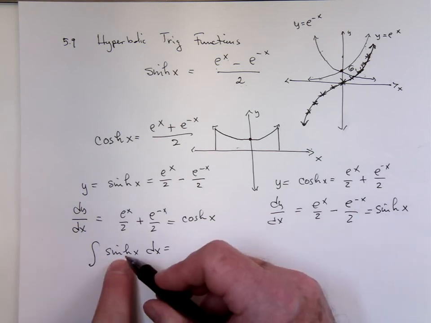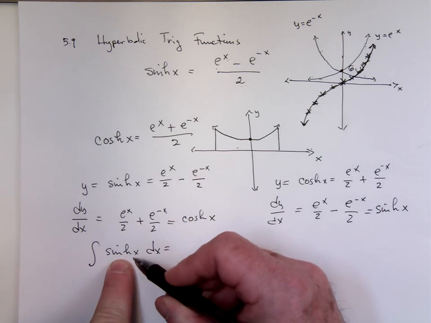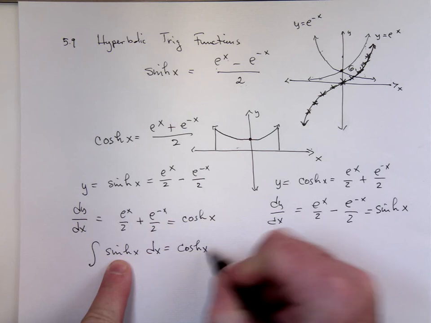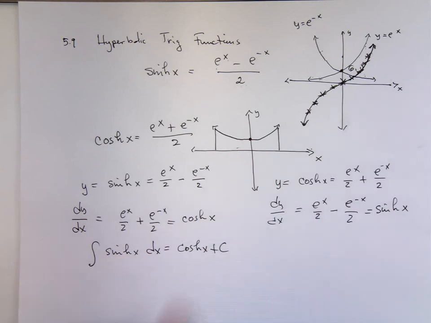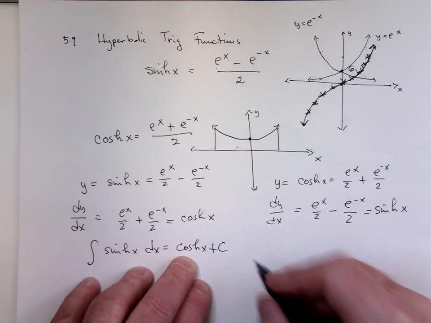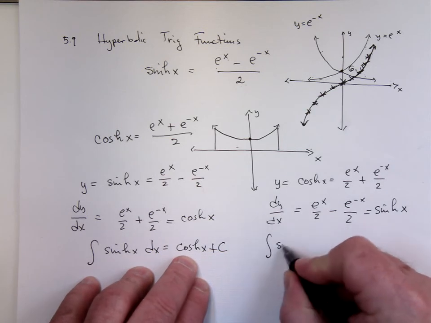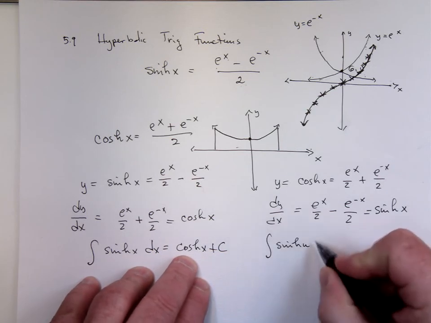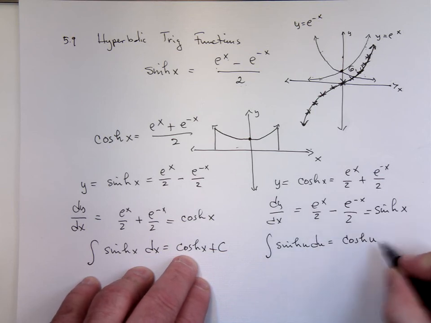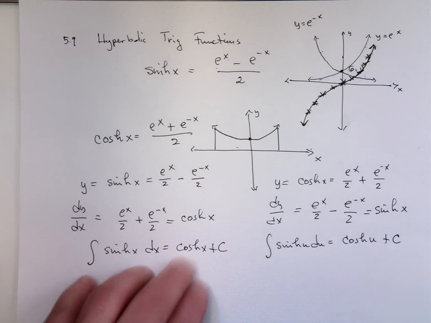Cosh. Because the derivative of this is this. I'm going to generalize it. The integral of sinh u du is cosh u plus c. That's one more integration form that we have.